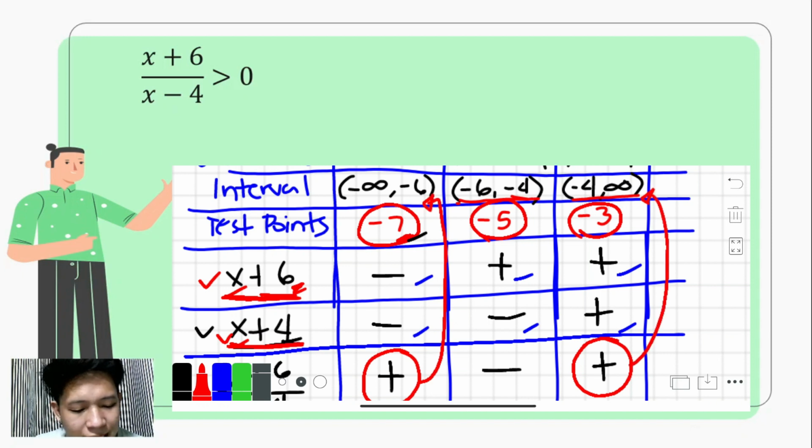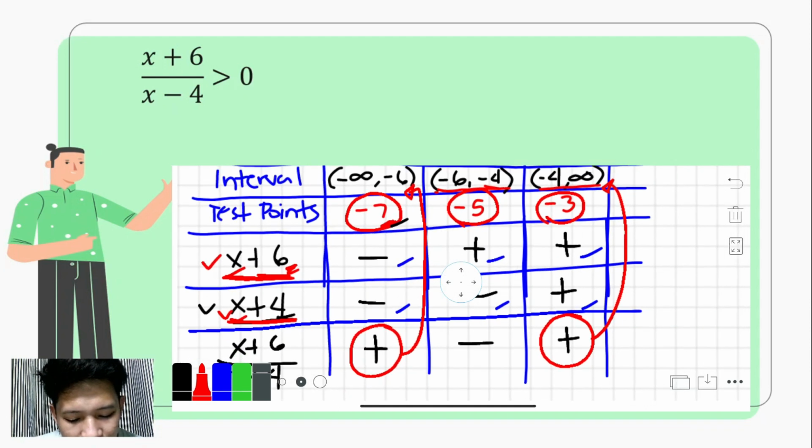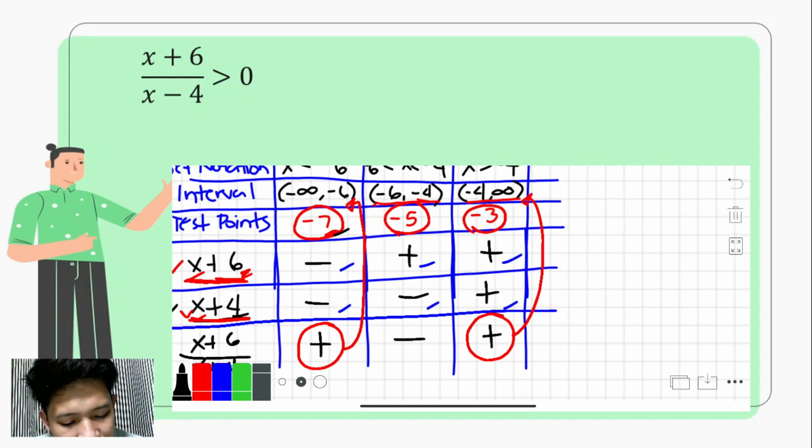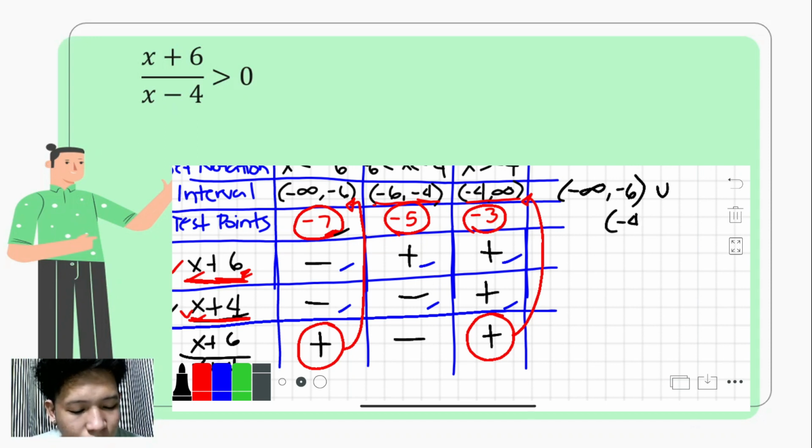So, kapag pinag-isa po natin yan, that would be the union of negative infinity to negative 6, parenthesis, union, kasi dalawa po siya, negative 4, parenthesis, negative 4, comma, positive infinity.